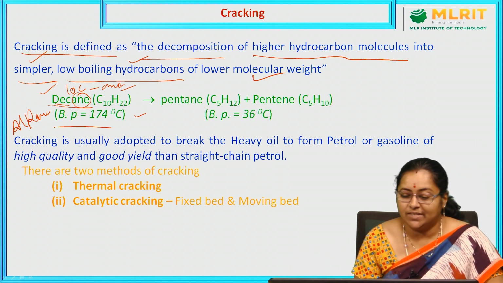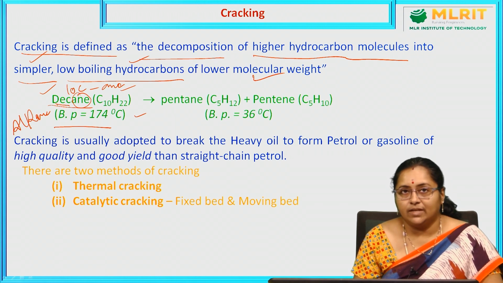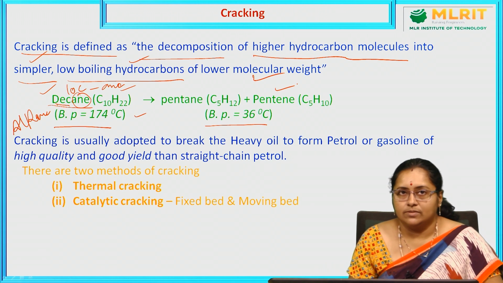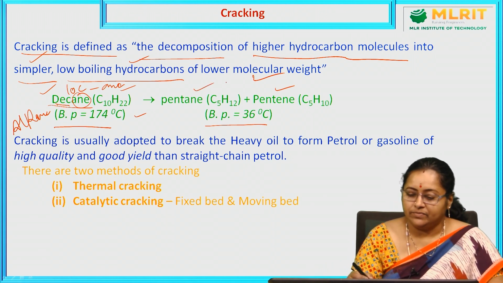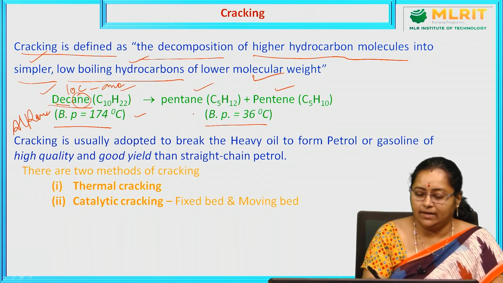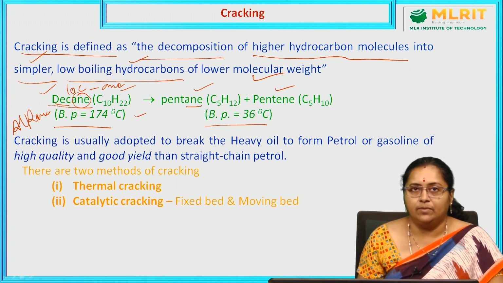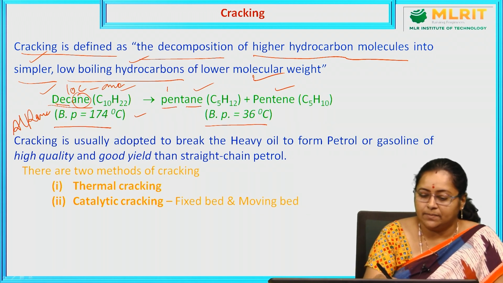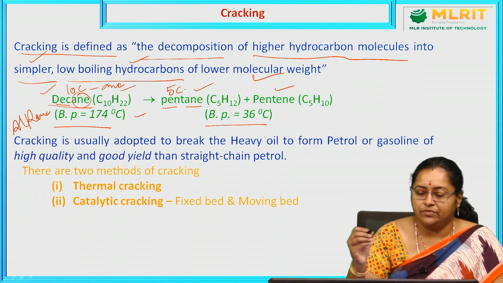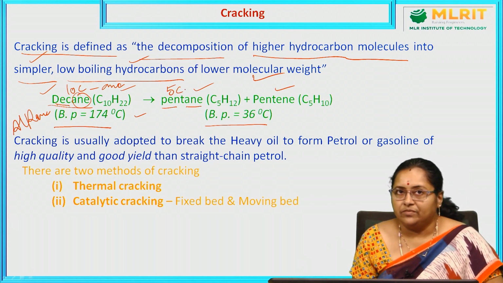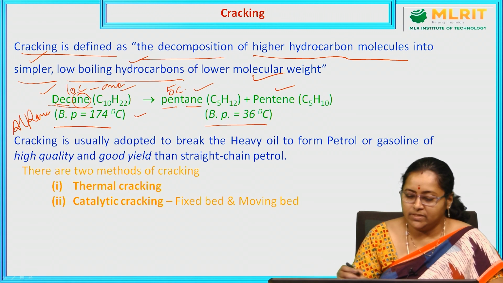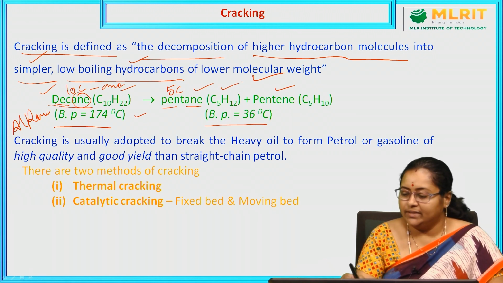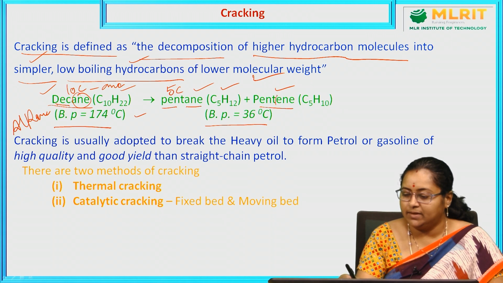If it is subjected to decomposition, then we will get a mixture of two compounds. What are they? One is pentane, an alkane again. "Ane" represents the presence of single bonds, so it is an example of an alkane, and "pent" represents 5 carbons. So it is an alkane with 5 carbons, whose molecular formula is C5H12. Then pentene: "ene" is nothing but alkene.